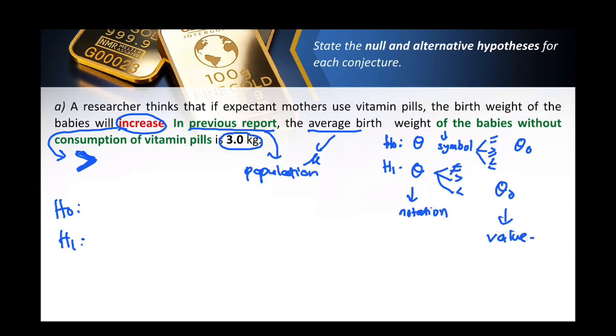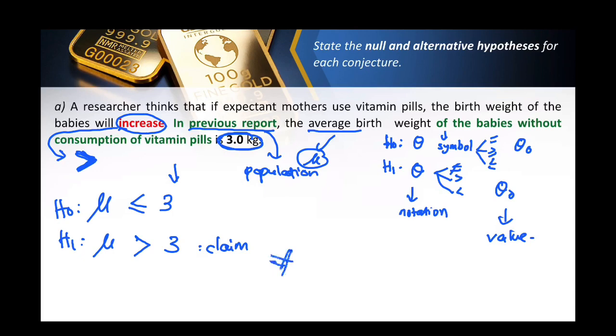No. So if there is no equal sign, it will be H1. So greater than. What is the symbol here? Mu. If H1 is greater than, H null is less than or equal, the opposite. So this part must be a number. So this mu is equal to 3. So here will be your claim. So this is how you write down the hypothesis.